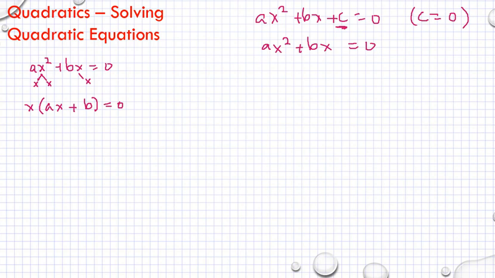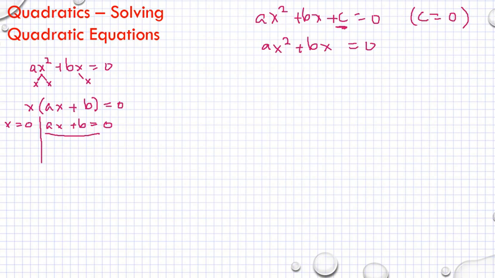When you have two factors, you can always divide these factors and let them equal to 0. And then we have ax plus b is equal to 0. Then you can just solve this equation. The other one, the first root is always 0.